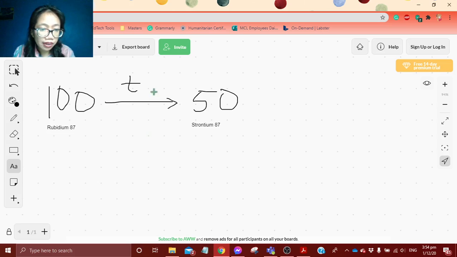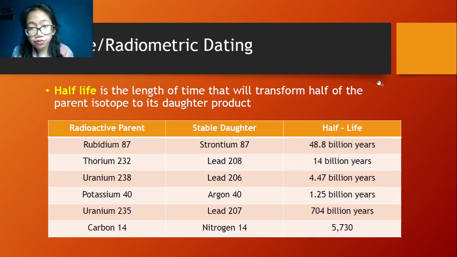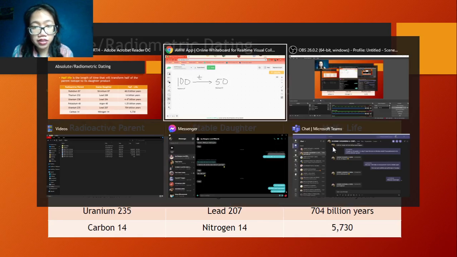Okay, so half-life is when half of the material will turn into the daughter product. So for example, I have 100 atoms of rubidium 87. The time that it requires for half of the rubidium 87 to turn into strontium 87 is called the half-life. So how long is that?